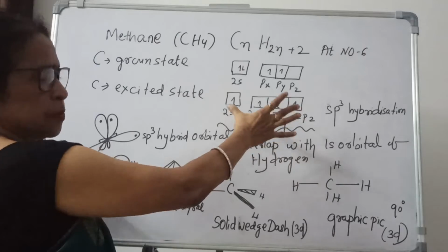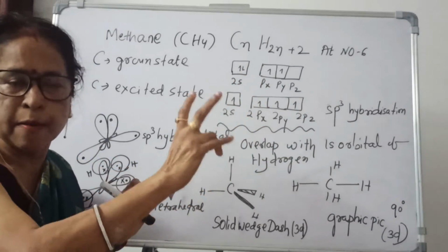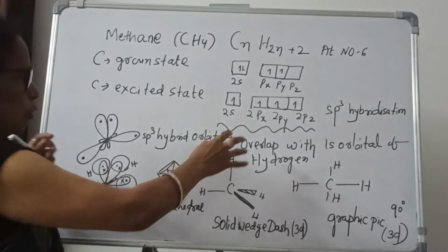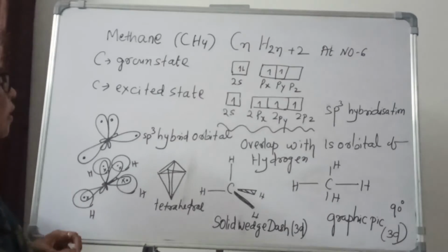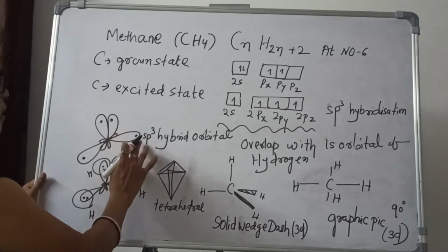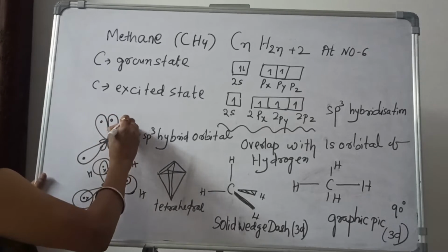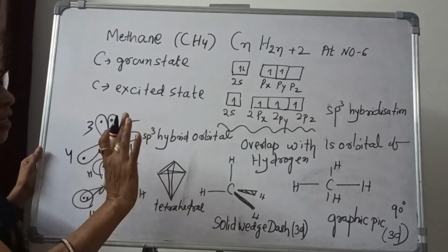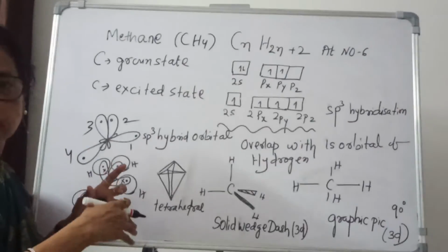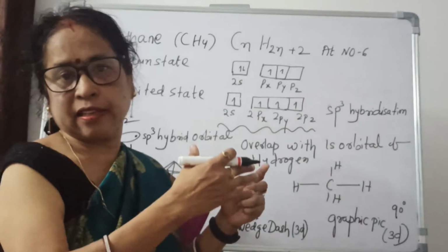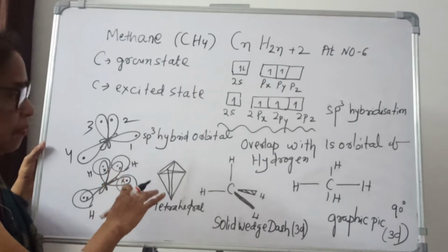So sp3 hybridization occurs here, where one s orbital and 3 p orbitals are used, and each orbital is called an sp3 hybrid orbital. You can see here, this is one orbital, 1, 2, 3, 4. 4 sp3 hybrid orbitals are there, so that they have equal energy, equivalent energy, and the bonds formed have equal length.